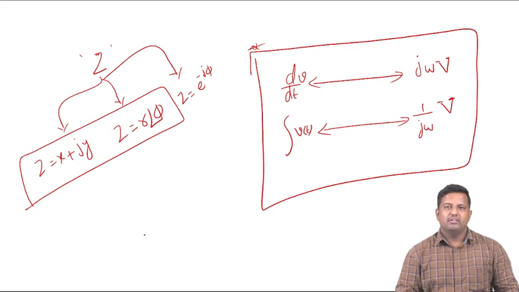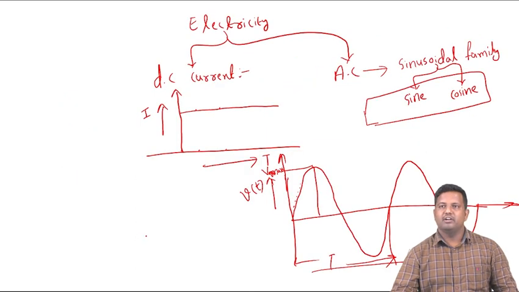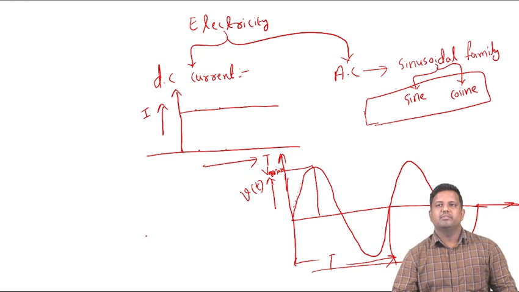As I said, time domain signals must be converted into equivalent phasor domain signals. The reason is that phasor domain signals are independent of the time function. So that is another important reason.